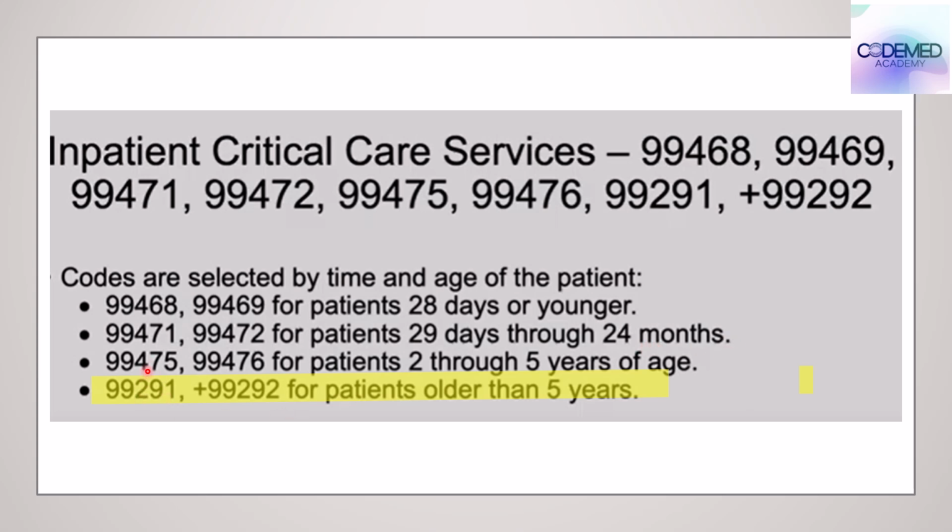And 475 and 476 are for patients 2 through 5 years of age, and the first code is always initial and the second code is for the subsequent visit respectively. And 99291 and 292 are for patients older than 5 years of age. This is very important, and that's why wherever there is a chance of confusion, I have put up the yellow color code so that you will always remember.